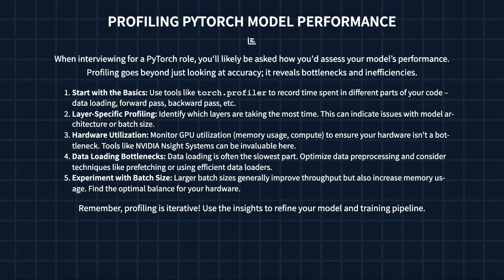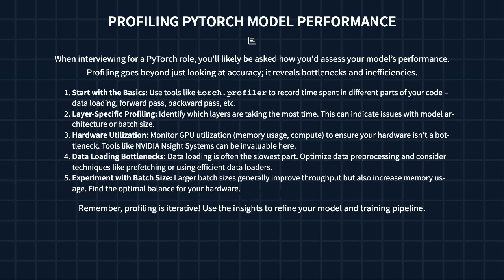Okay, let's talk about how you'd figure out if your PyTorch model is running smoothly. It's not just enough to see a good accuracy score, you need to understand how it's getting there. The first step is often using the built-in Torch profiler. This tool lets you track exactly where your code is spending its time, like how long it takes for data to load and how much processing each layer demands.